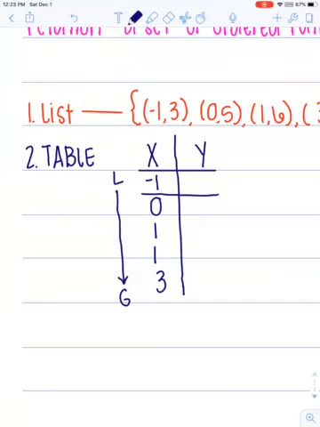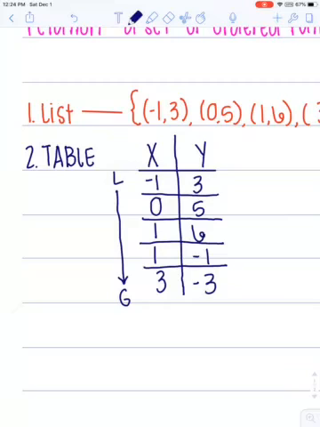So -1 goes with 3, 0 goes with 5, 1 goes with 6, then 1 goes with -1, and then our 3 goes with -3. So the really important piece here is that you make sure that your x values are least to greatest. That is a math rule, not a Miss Robinson rule.